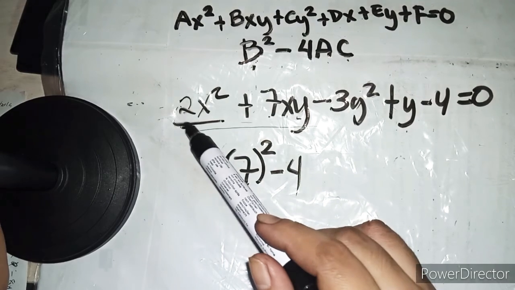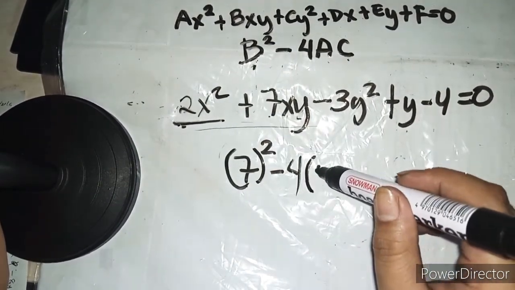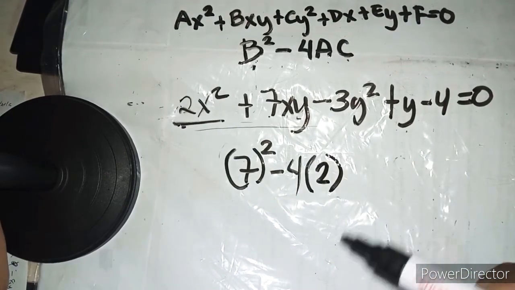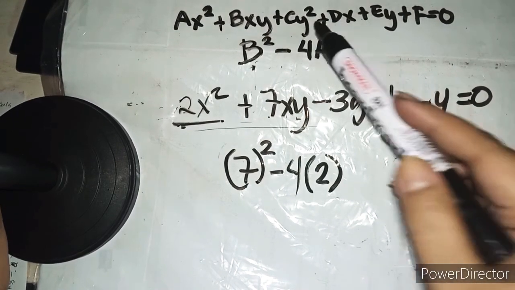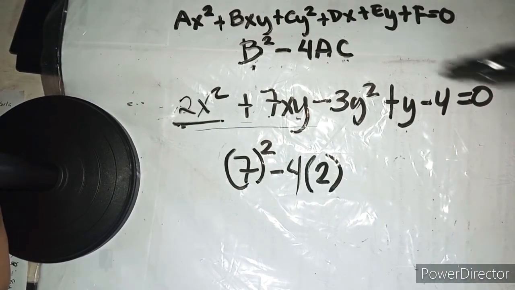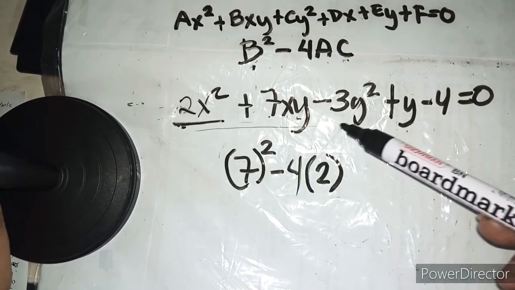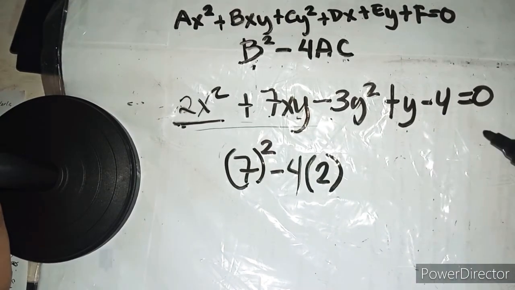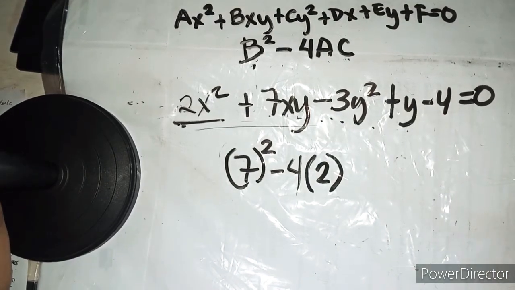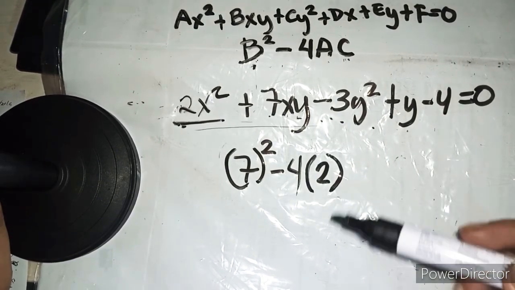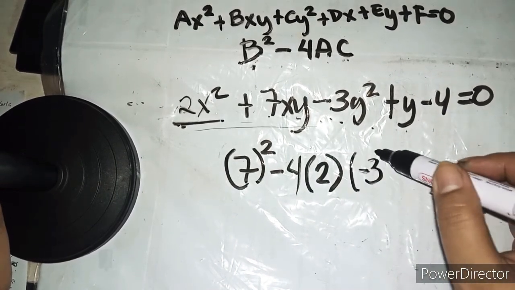The coefficient of x squared is 2, so the value of a is 2. Now, let's find c. For c, let's check here in our general form. We have cy squared. So let's check now here in our equation. We have negative 3y squared. So the coefficient of y squared is negative 3.